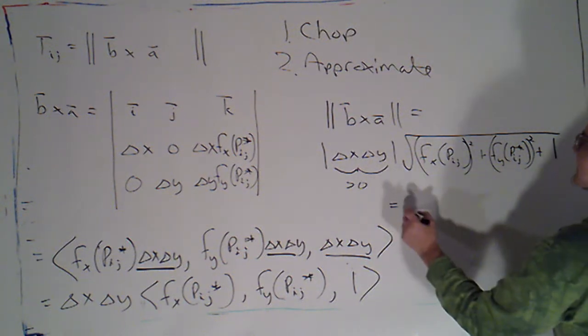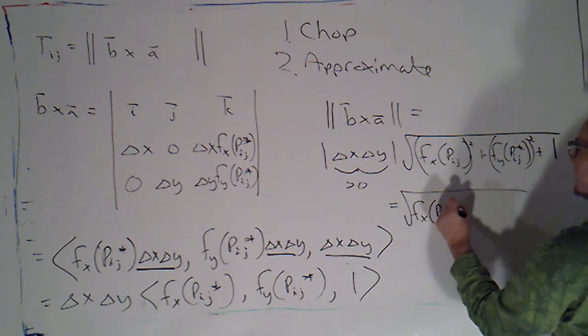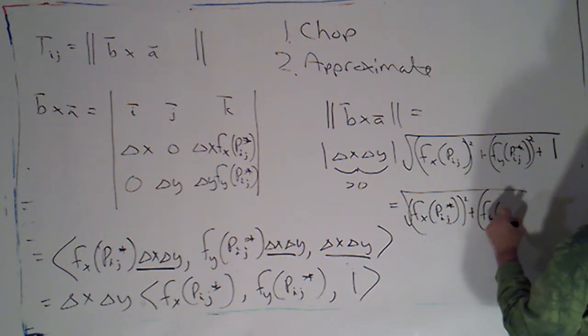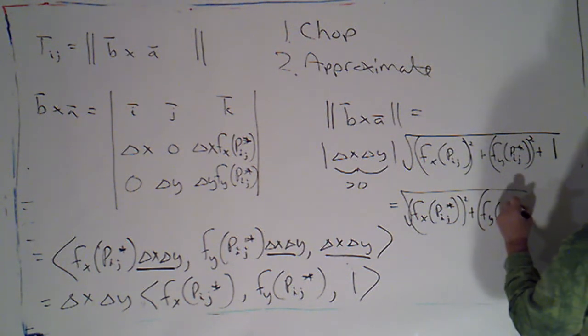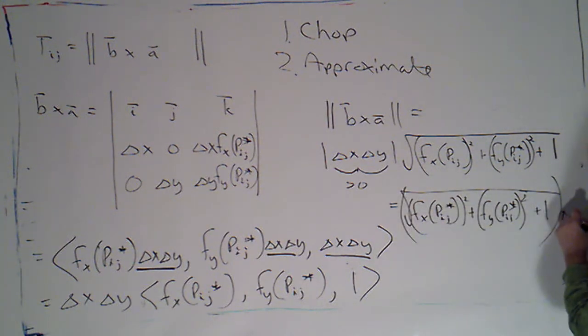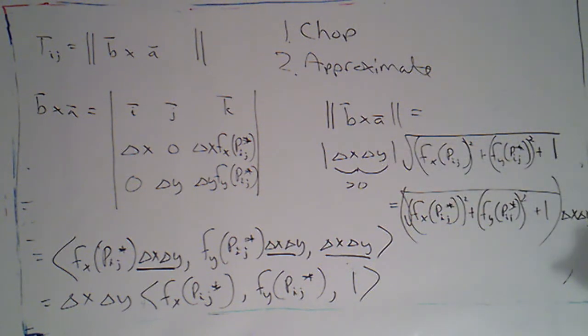Which is the square root of the partial with respect to x at my representative point squared, plus the partial with respect to y at my representative point squared, plus 1, times delta x delta y. All I did there was just evaluate the absolute value by saying what was inside was positive.